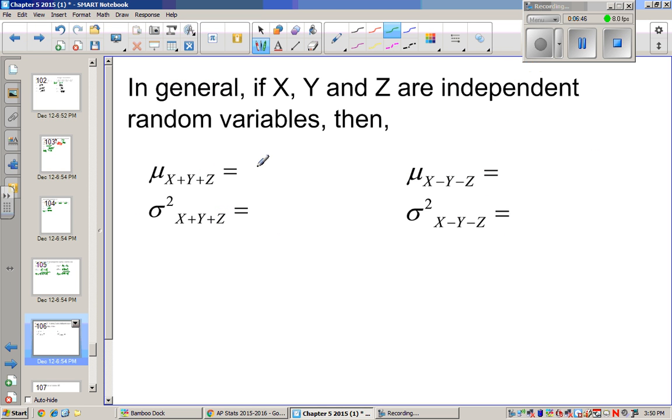Now, if we have more variables than just two, we use the same formula. We just add another variable. So it's just going to be the mean of x plus mean of y plus mean of z.